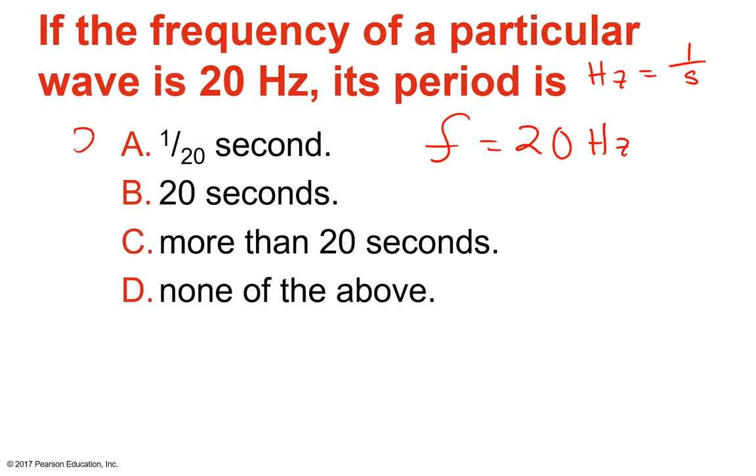We had 2 that said a 20th of a second, 1 that said 20 seconds, and 1 that said none of the above. Okay, for the first time in a while, the plurality is correct. The plurality. When you have an election, you have a simple majority, which is more than 50%, or a plurality, which is the highest vote getter but not a majority.